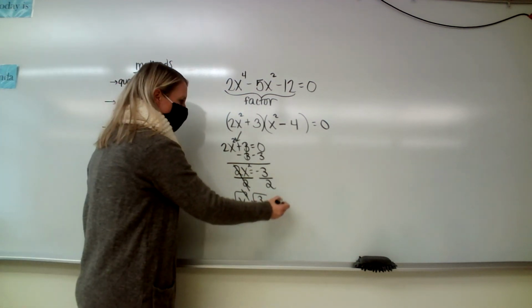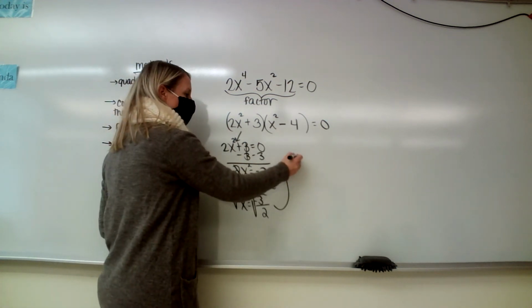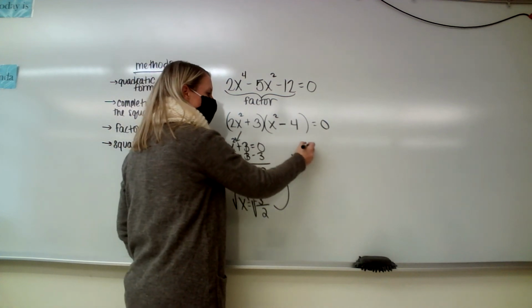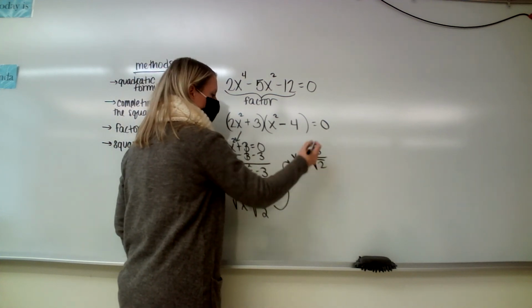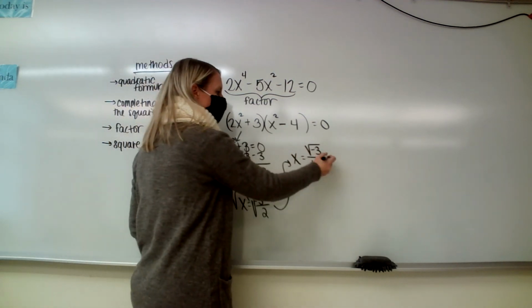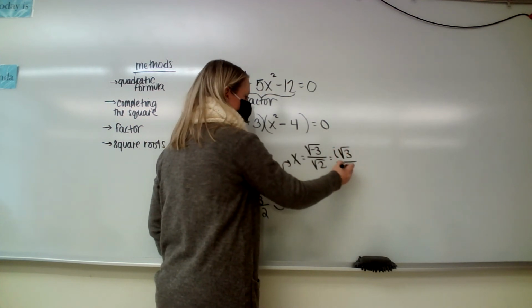So let me do my work over here so you can see what I'm doing. So I'm going to write it as x equals. I'm going to split the fraction up. I'm going to have the square root of the top over the square root of the bottom. I'm going to rewrite that as i root 3, right? Because I don't want that negative underneath either, so that's going to mess me up.